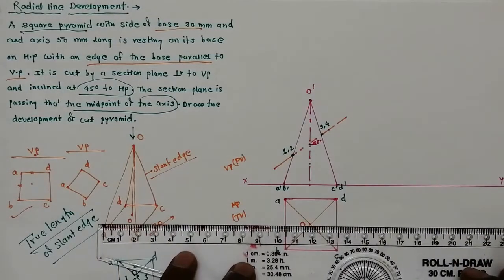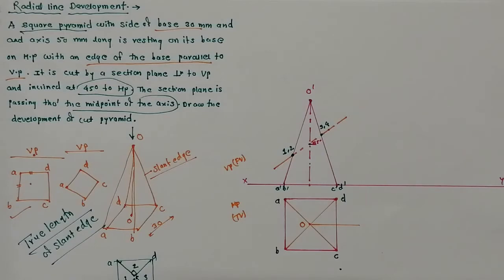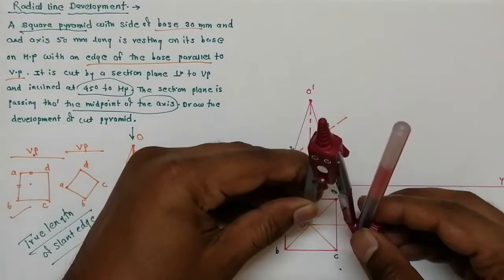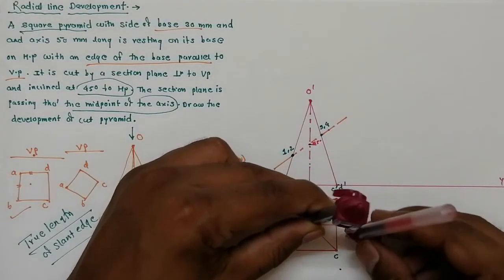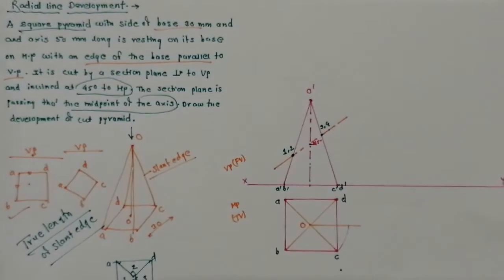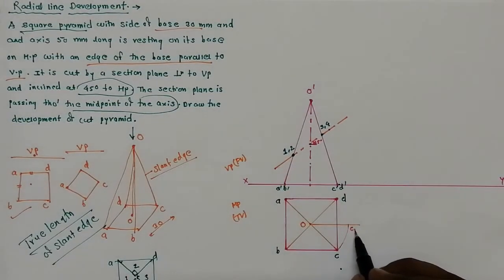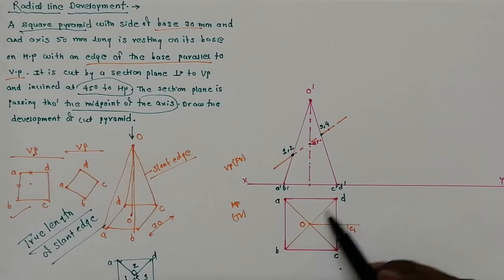So how to get the true length of the slant edge in the front view? We have to make either OC or OD parallel to XY. So we will take this O as center, take this OC distance in the compass, and rotate it. So we'll get, suppose, this C1 point. You rotate OD or OC so that it comes here.